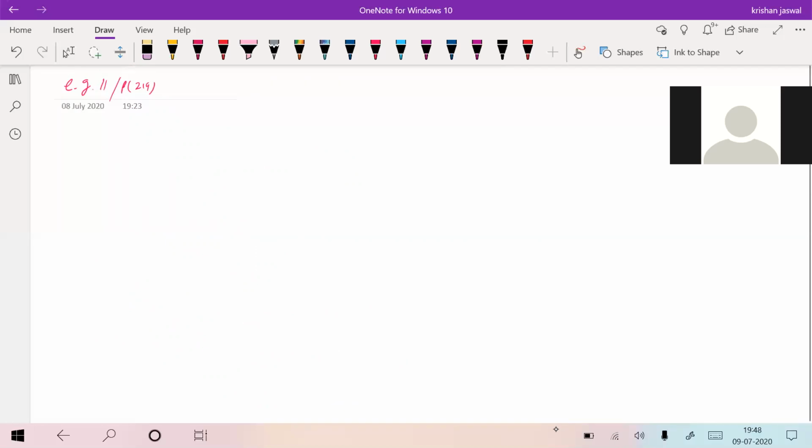Use the method of induction to prove that 1 plus x whole power n is greater than or equal to 1 plus nx, for x greater than minus 1 and for all natural numbers n. We have to prove that.